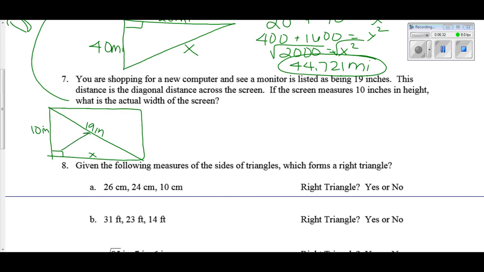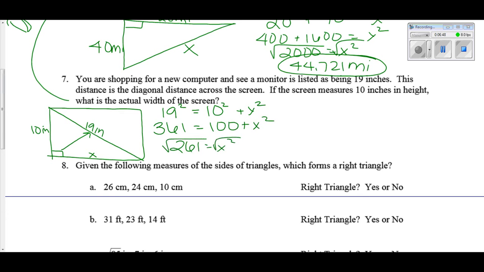We're looking for the bottom. 19 is our hypotenuse, so 19 squared equals 10 squared plus x squared. 19 squared is 361, and that equals 100 plus x squared. So 261 equals x squared. Square root both sides, and we get x equals 16.155 inches.